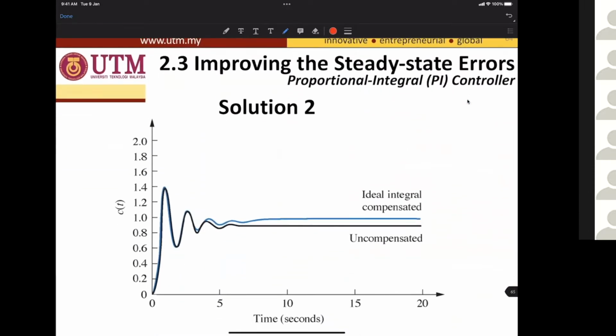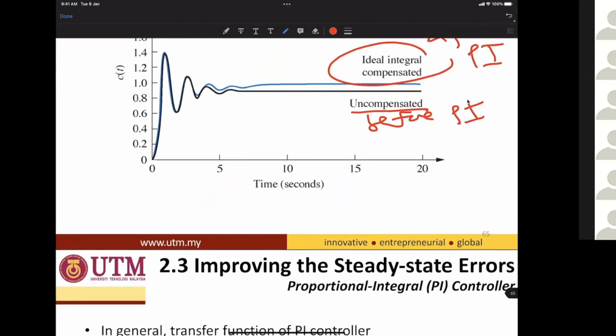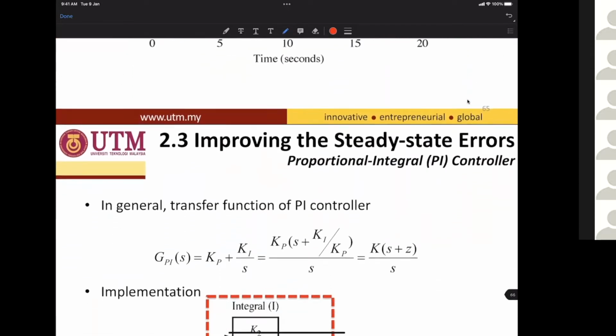So when we compare before PI and after PI, this is the one that we see. Okay. So uncompensated tu is before PI. Yang ini adalah after PI. PI itu apa? Proportional integral controller.